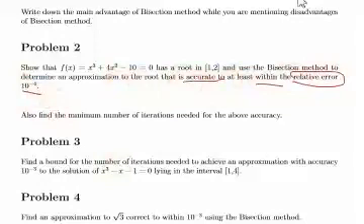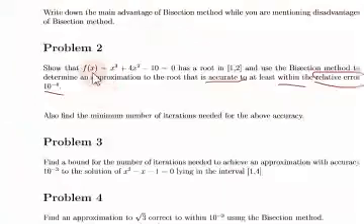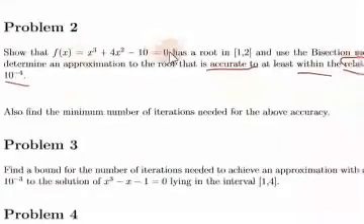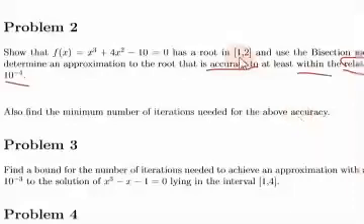So this is the algorithm of the bisection method, right? Our function is continuous. This is our function, and this is the interval. This function is continuous in this interval, right? Then find points A and B. A is equal to 1 and B is equal to 2, right?